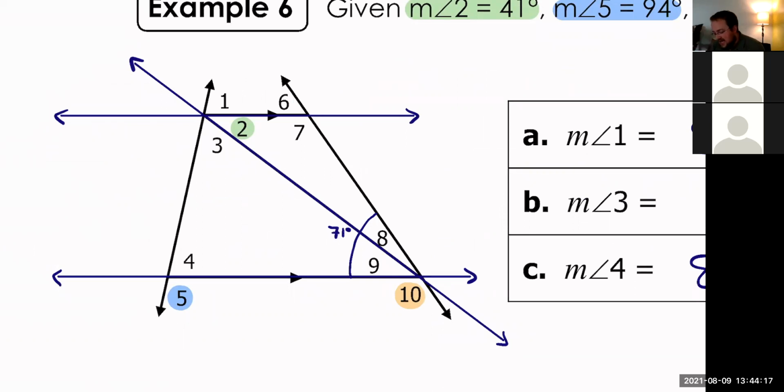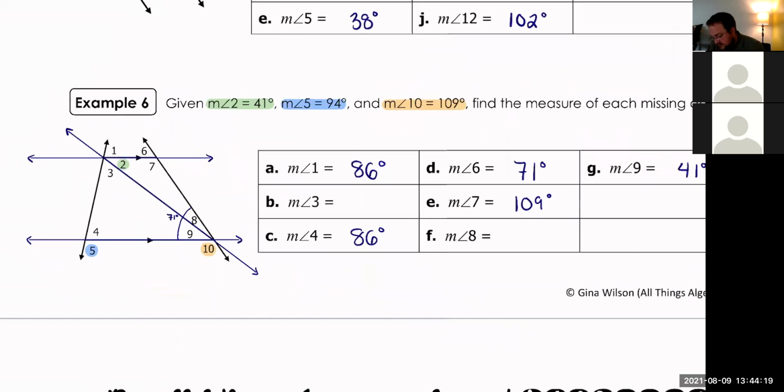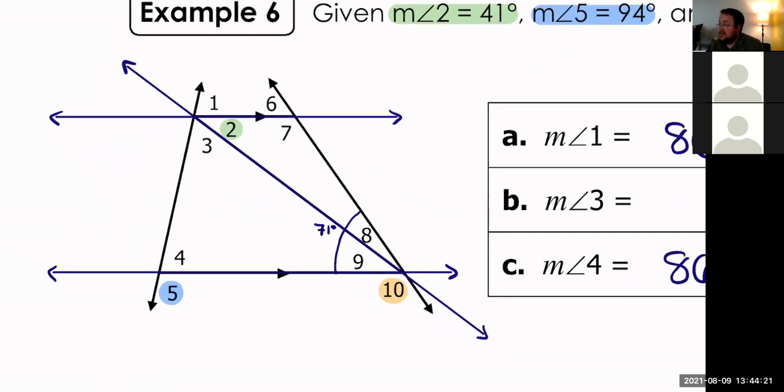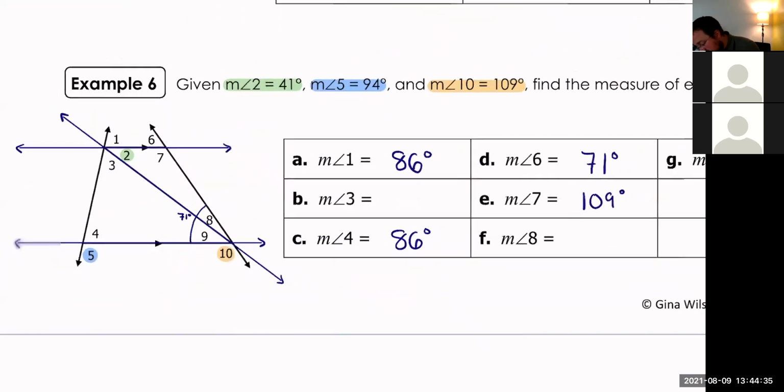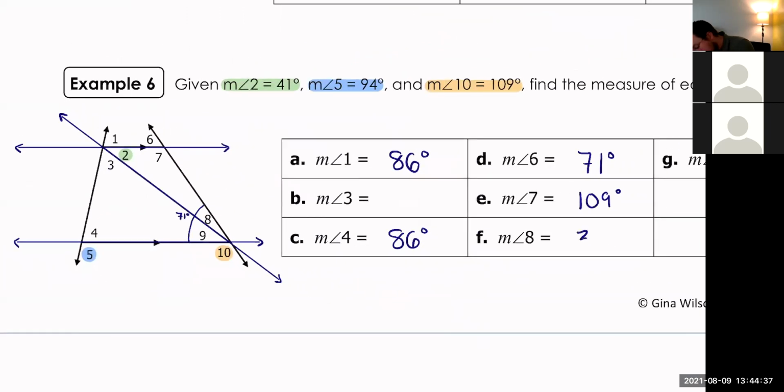We know 9 was how many of those degrees? 41 of them. If you take that 41 away, you should be left with angle 8. Are you taking 71 minus the 41? 71, take away 41. Yes, 30. Angle 8 should be 30 degrees.